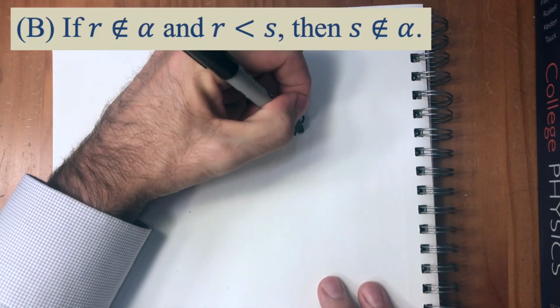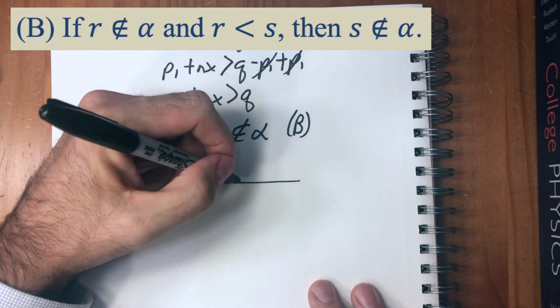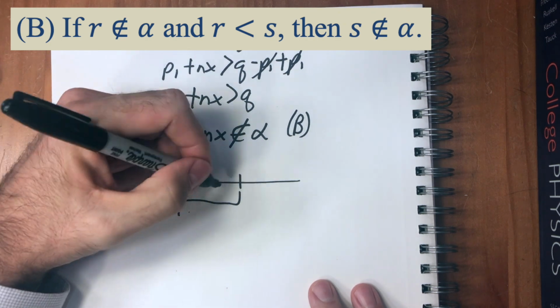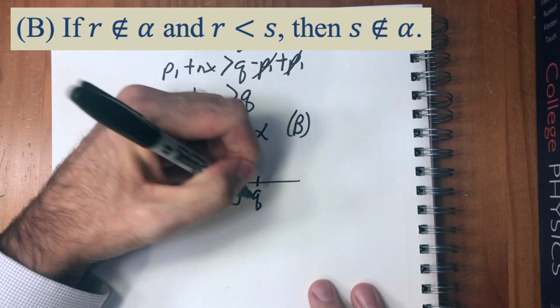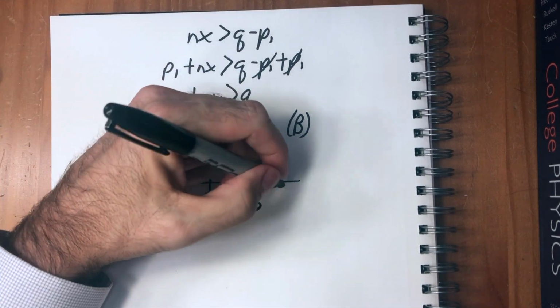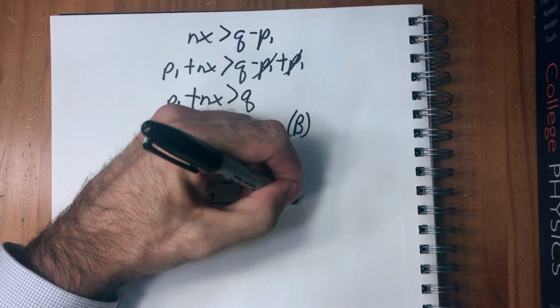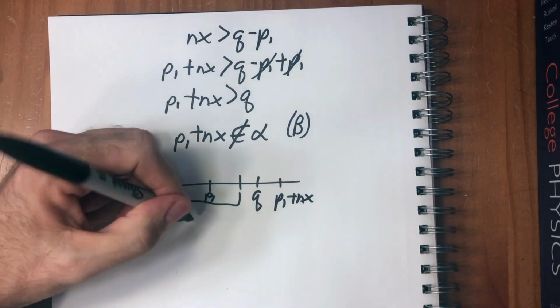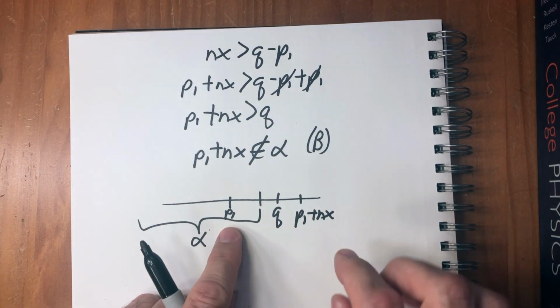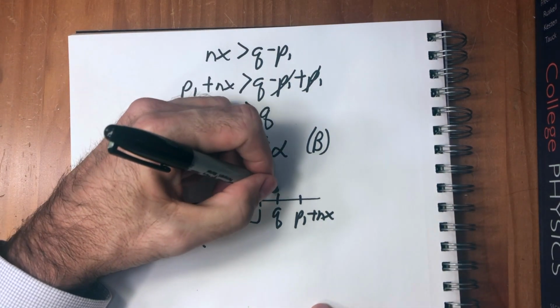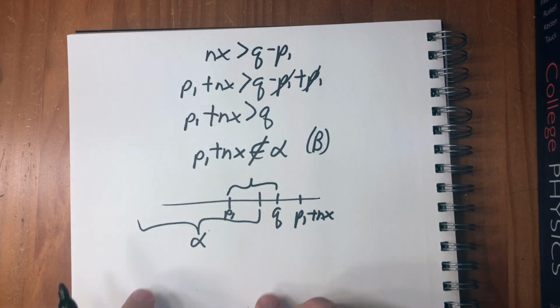This is b, because if we have alpha here, p1 is here, q is here somewhere, and if we know that p1 plus nx is even bigger, then it also has to be outside of alpha. What we're saying here is that there's some nx that is bigger than the distance between these two, right?